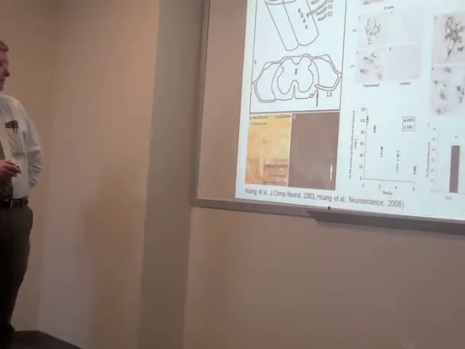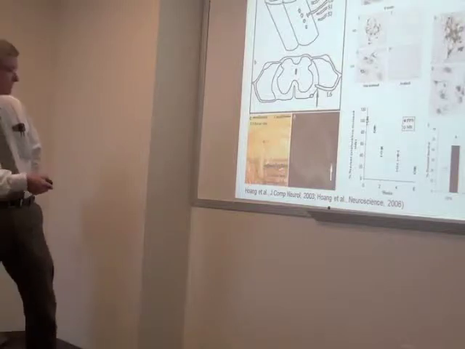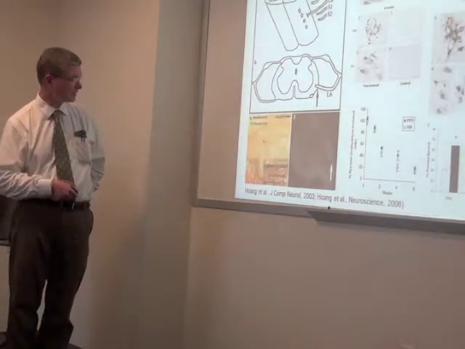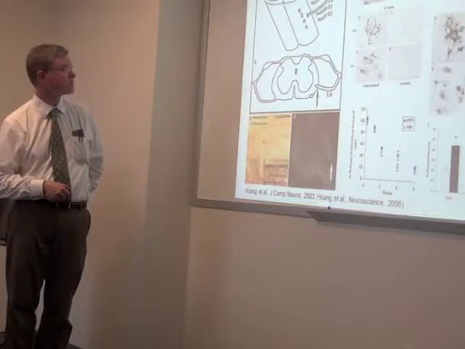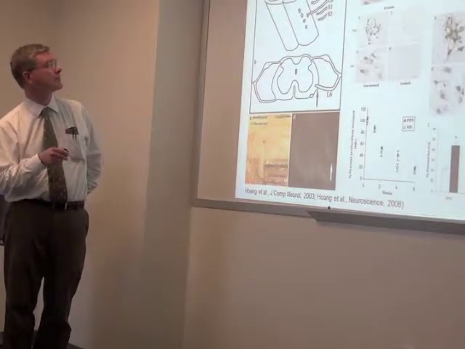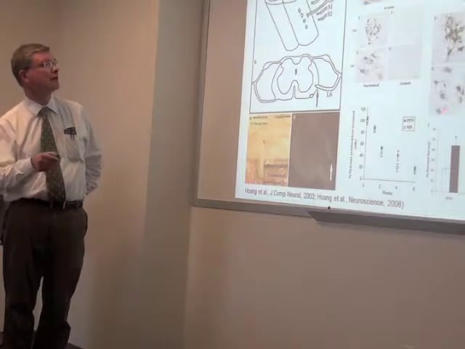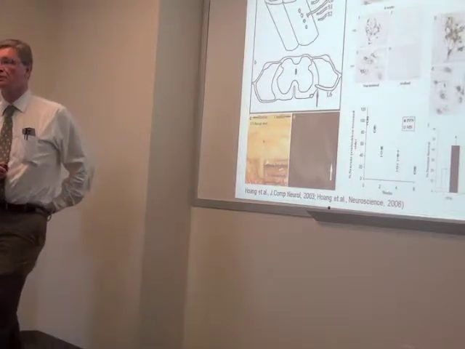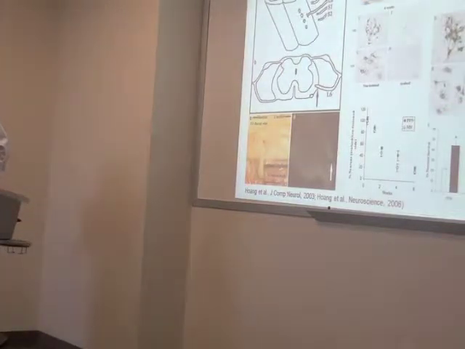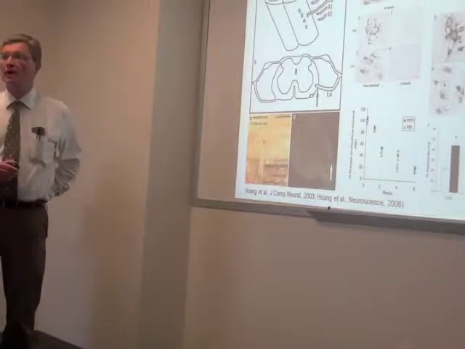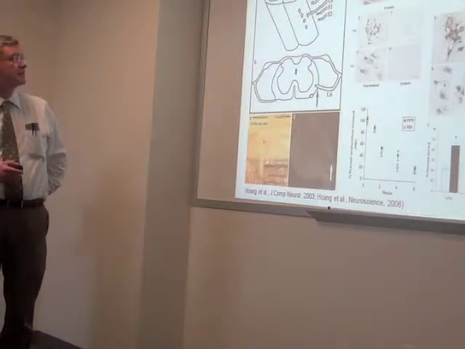What is it now? It's 10 years ago that Tao Huang, my first UCLA graduate student, published this paper with us. And this is a paper that showed our first injury and repair model of these cauda equina or conus medullaris injuries.